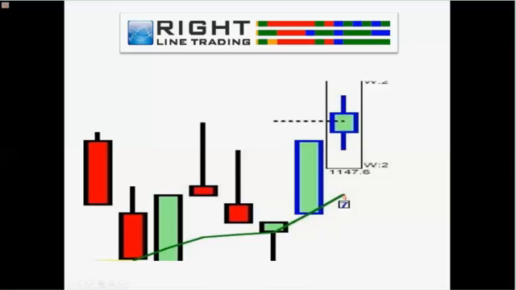So you want to be 4 ticks or less off support for a long, and 4 ticks or less off resistance for a short. Here, what we're doing is we're defining those independent variables. One of them is the distance off support or resistance, and we're creating a platform that defines these independent variables for you and makes an assessment of them.